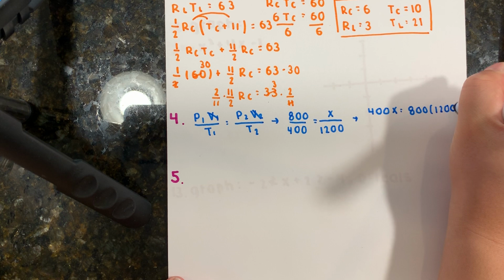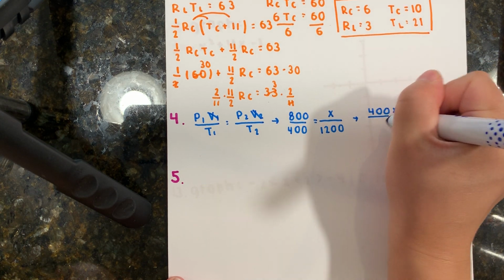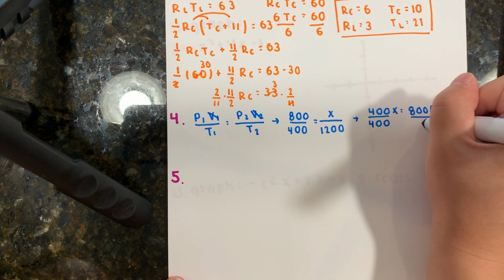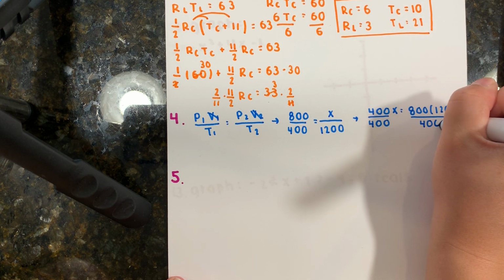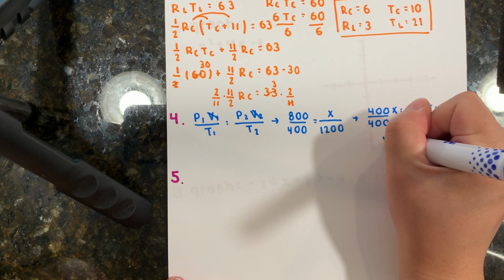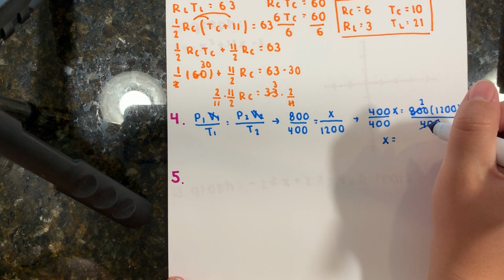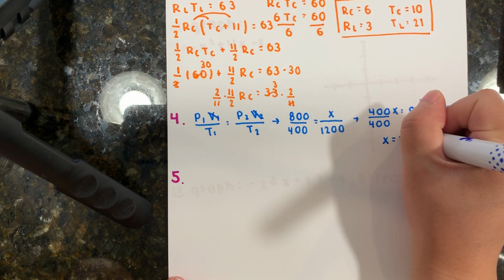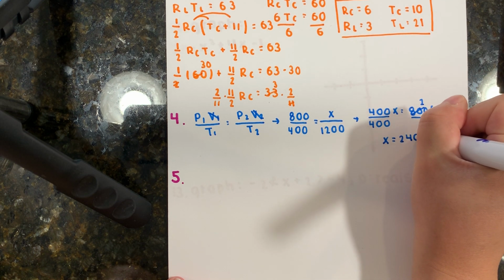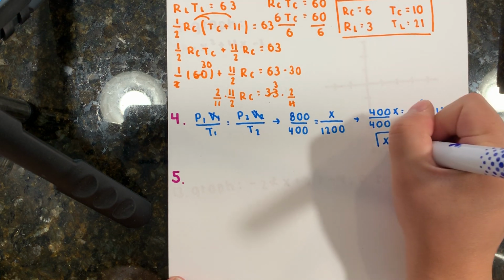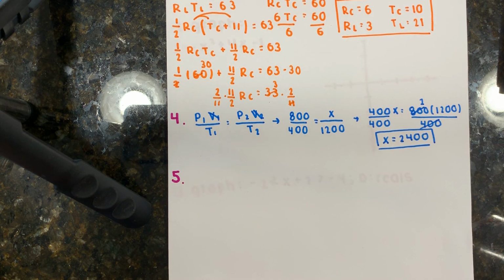I'm going to divide both sides by 400. So x is going to be equal to 2400. Okay.